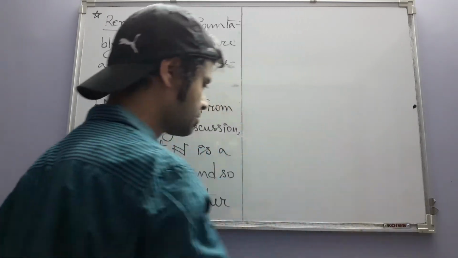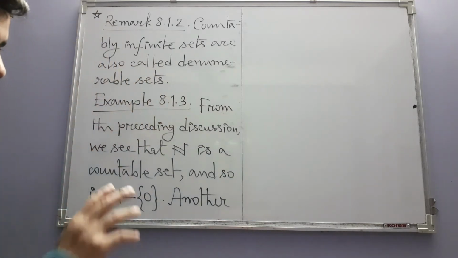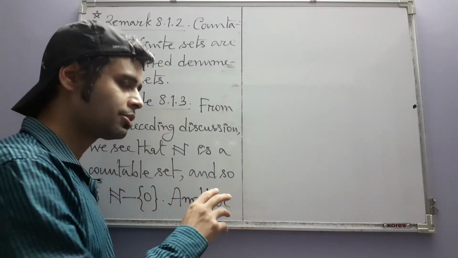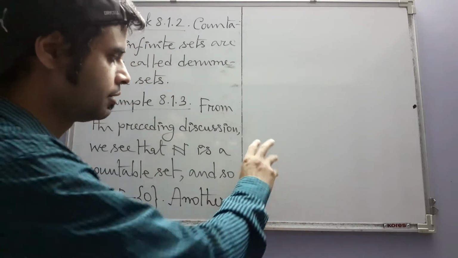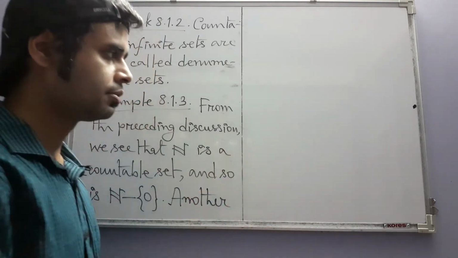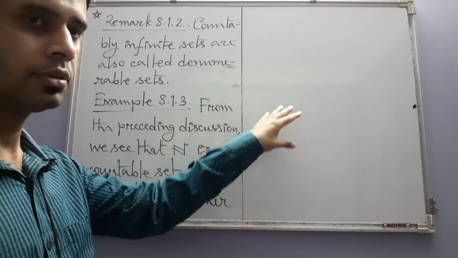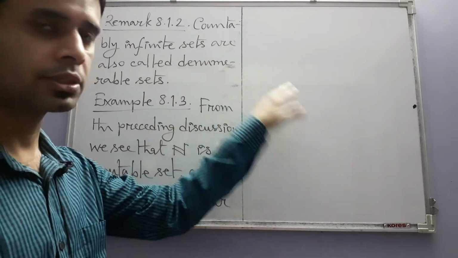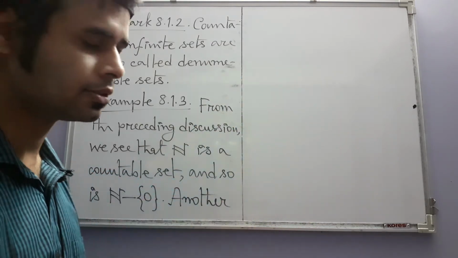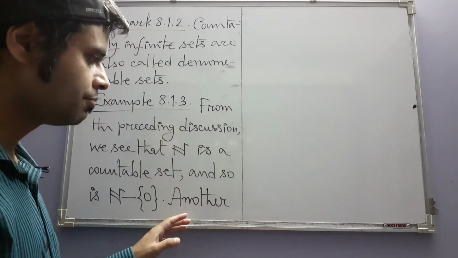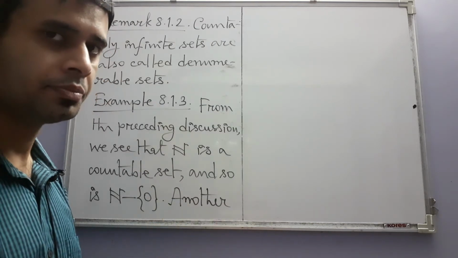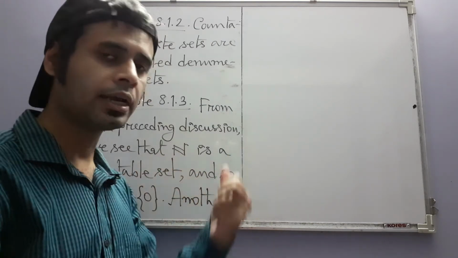That is because these things, I should not say had, but they have this counterintuitive property of having bijection with their proper subsets, which is something we do not generally see in finite sets.